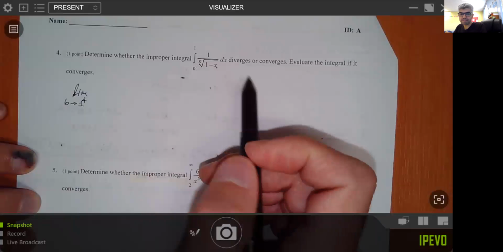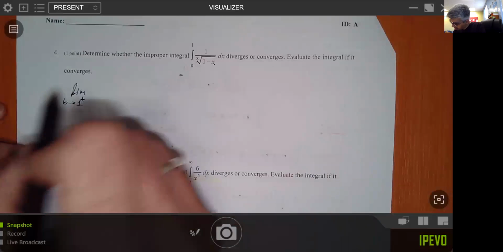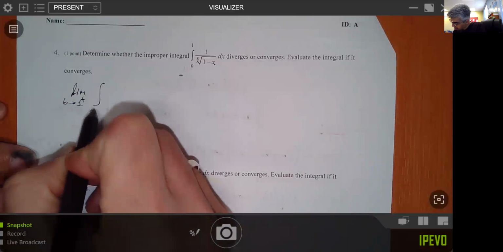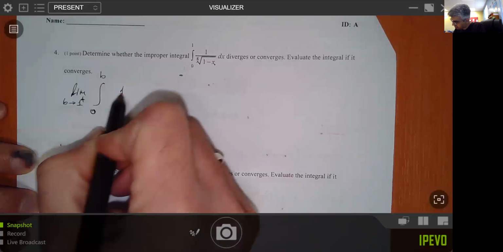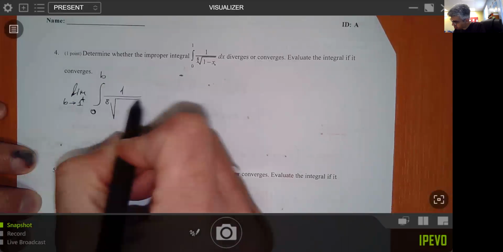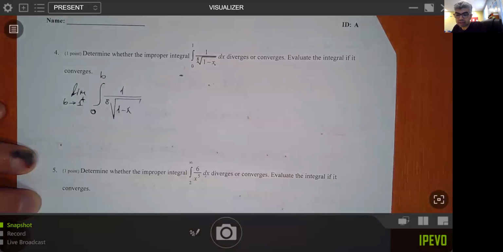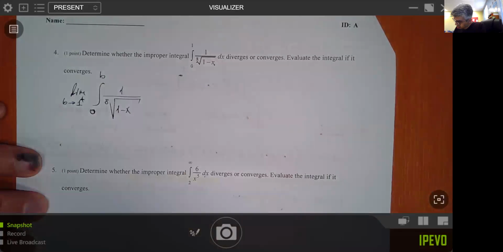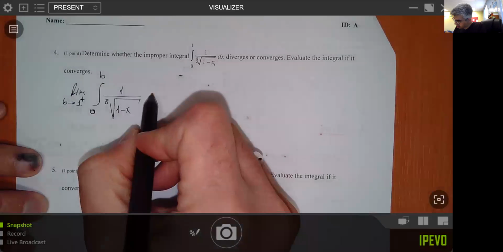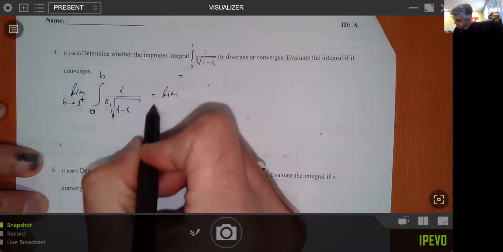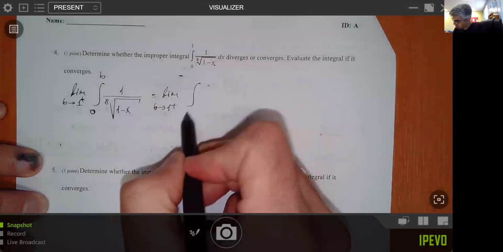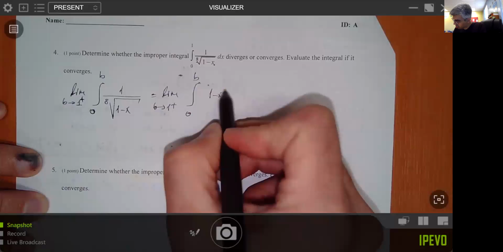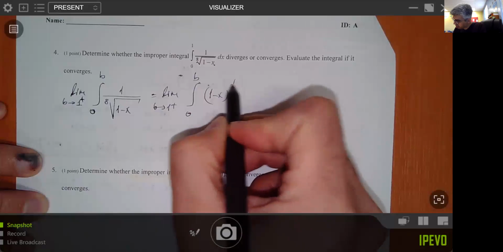Okay, guys? And then, so we have what now? Not from 0 to 1, but 0 to b, this function, the 8th root of 1 minus x. I can write it as limit as b approaches 1 plus, integral from 0 to b, 1 minus x to the power of 1 over 8.